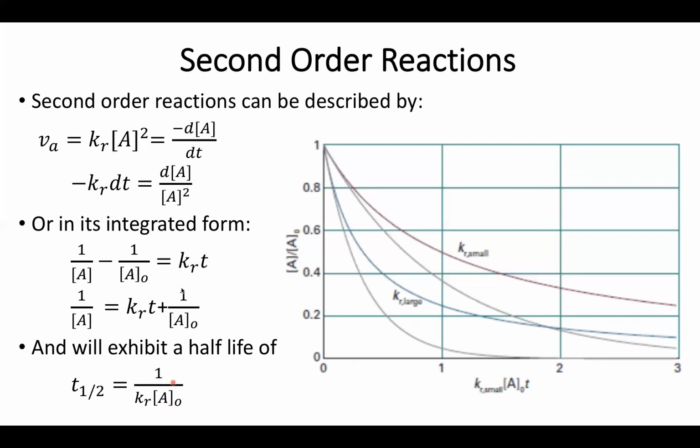And where this comes in really useful is it gives me a way of describing the concentration of A and B at any point in time, because the concentration of A will simply be the initial concentration minus the extent, and the same thing for B.